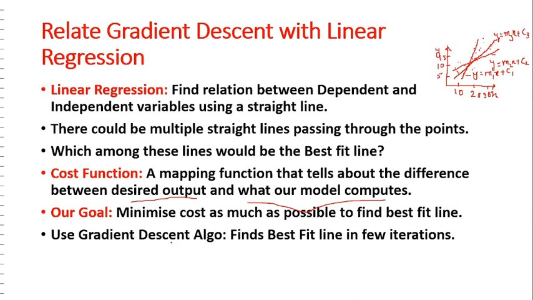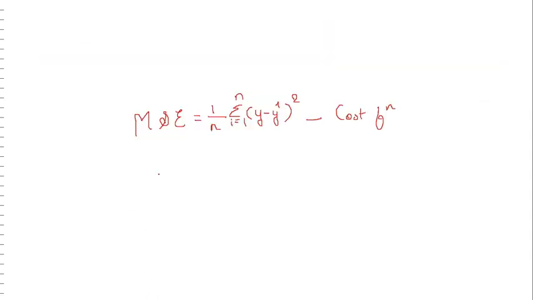Gradient descent finds the best fit line in an efficient manner using iterations. Okay, so what will gradient descent do for us? It shall find the combination of m and c such that MSE will be the minimum. Okay, MSE will be the least.